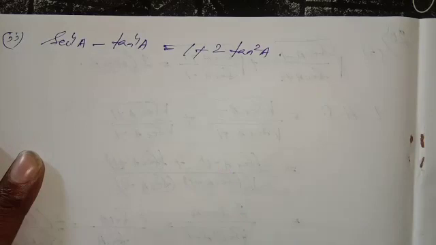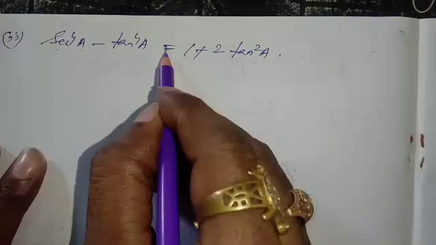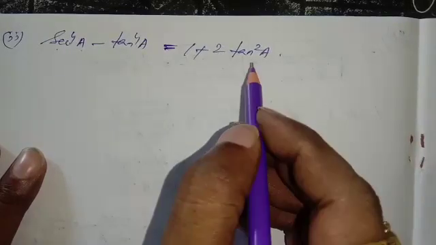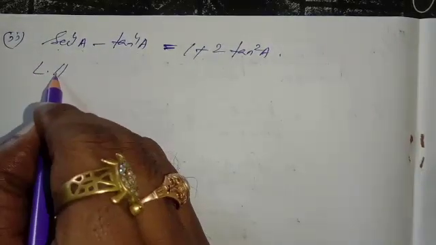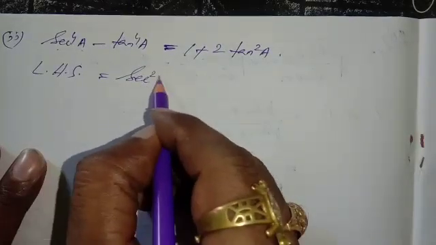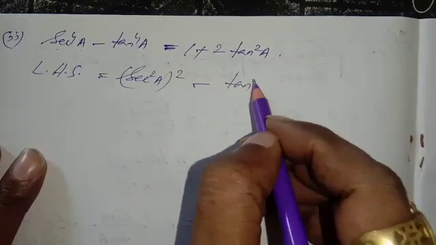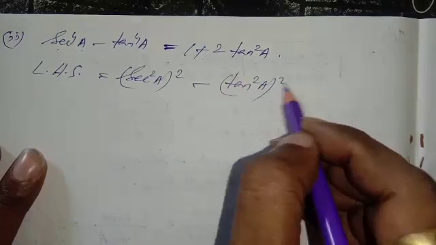Second part question given, you have to prove sec to the power 4A minus tan to the power 4A equal to 1 plus 2 tan square A. Have to write left hand side. Sec to the power 4A, you can write like this: sec square A the whole square, minus tan to the power 4A means tan square A the whole square.